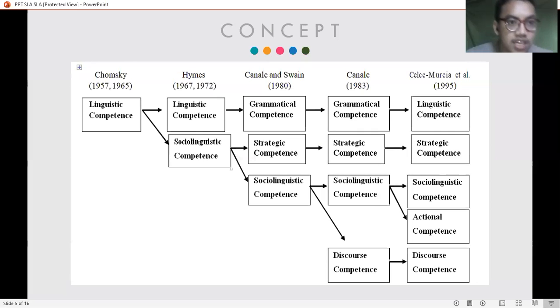Here we can see from the left side, we have Chomsky, 1957 and 1965. Chomsky delivered linguistic competence, and in 1967 and 1972, we have Hymes delivered linguistic competence and sociolinguistic competence. Linguistic competence is the rules for describing the sound system or combining sounds into morphemes and morphemes into sentences.